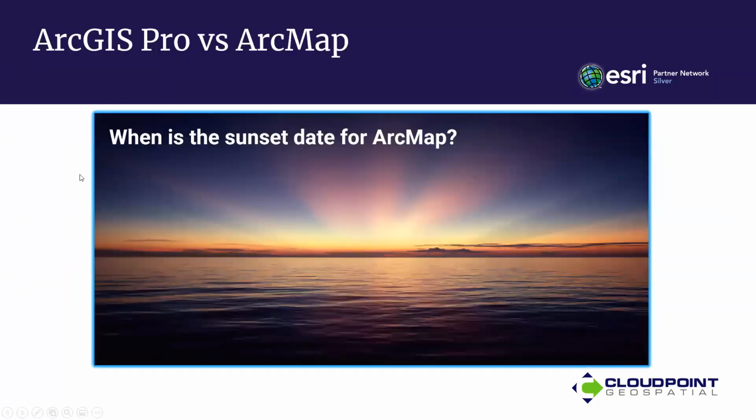For those of you clinging to ArcMap and struggling to make the move to Pro, the sunset date for ArcMap is now less than 5 years away. This is for version 10.8.1. March 1st, 2026 is the date ArcMap and ArcGIS Desktop will stop being supported by Esri.